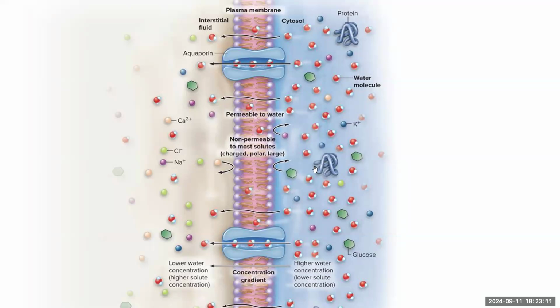But if you compare all of those non-water molecules, what we call solutes, to the molecules on the outside of the cell, which side has more solutes, left or right? The left. So you can see water is going to the area that has the higher solute concentration.